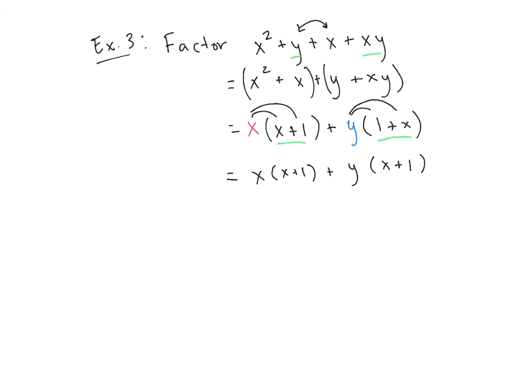And that's going to leave us with the common factor x plus 1, and then that grouped factor. What would the grouped factor be there using the GCF? Figure that out based on the previous step and enter your answer when you're ready.